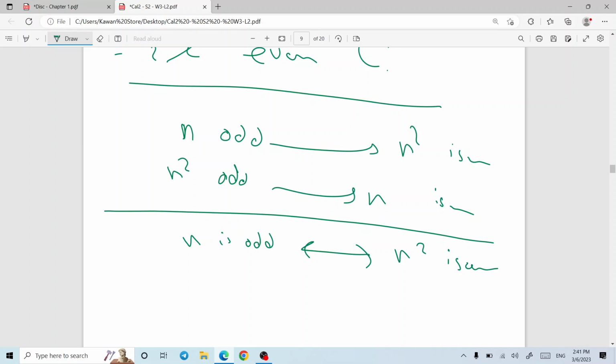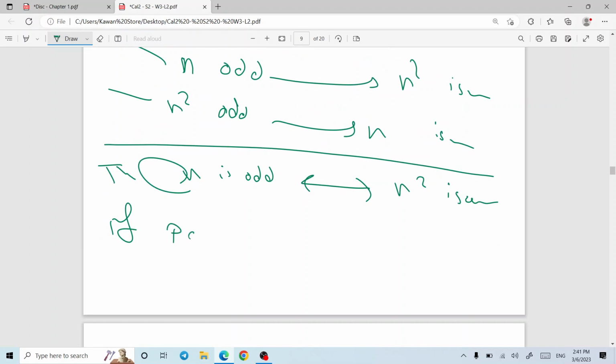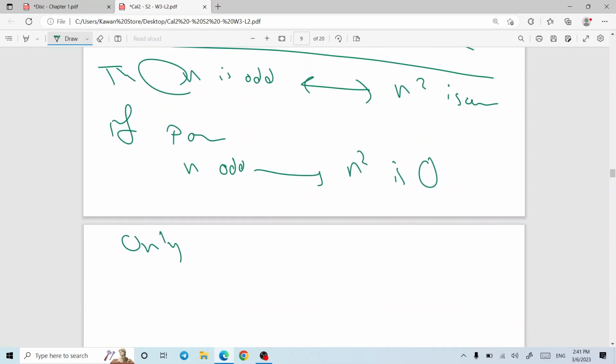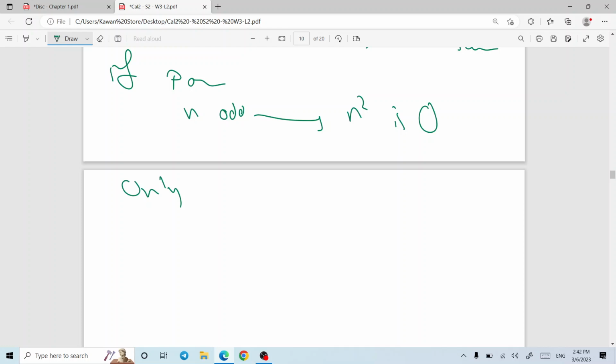Understood? So if during the exam you have such a theorem, you need to show me both. You say the if part: n is odd, then n squared is odd. And the only if part, so you prove that one. When you finish, you are going to solve the only if part.